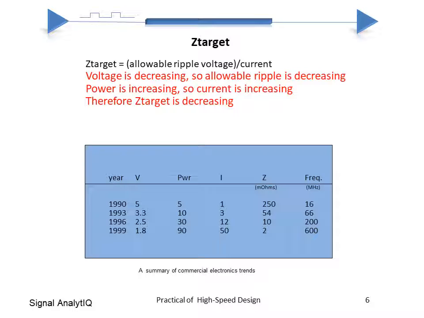Typically, if you see the table from the 1990s and the present year, the voltages were 5 volts, and now the voltage has come down drastically to 1.8 volts. The power consumption and the current have increased, but the target impedance you are meeting is around 2 milliohms because the frequency is higher, around 600 megahertz, and even more than this.